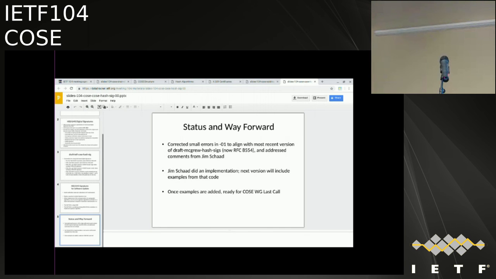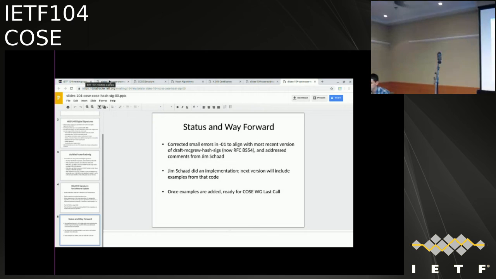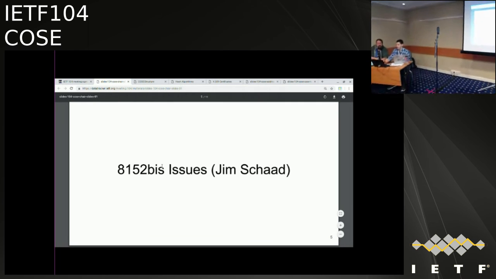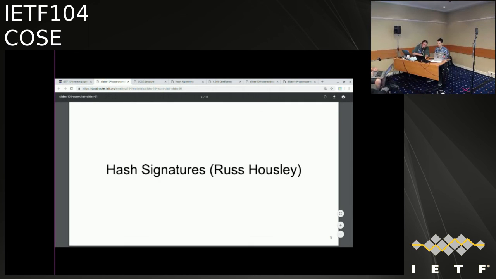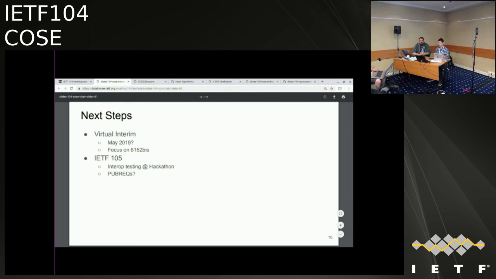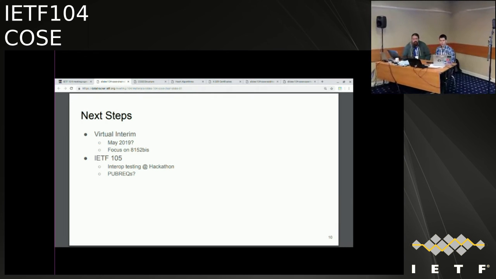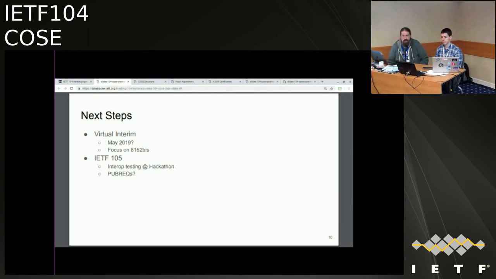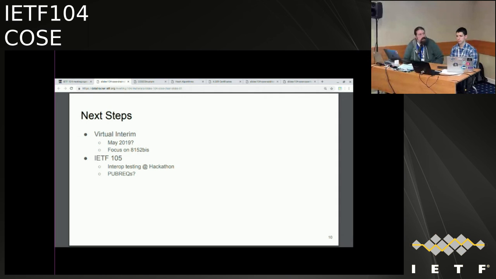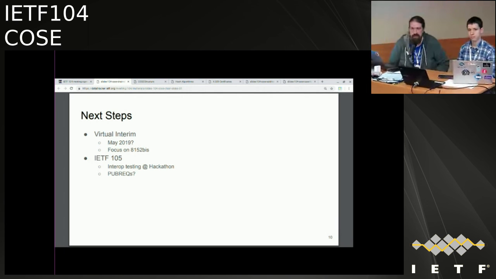Okay. Share slides. All right. So the next steps for the working group. Between now and IETF 105, mostly in consulting with Jim, we are looking at the core BIS drafts.